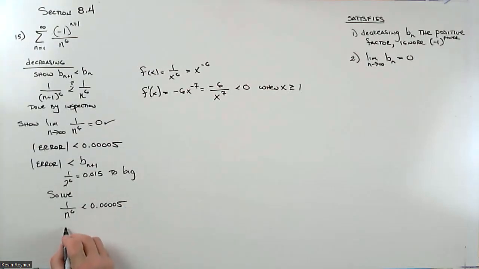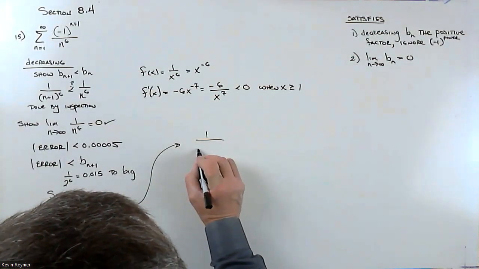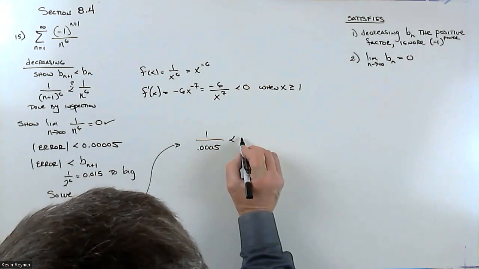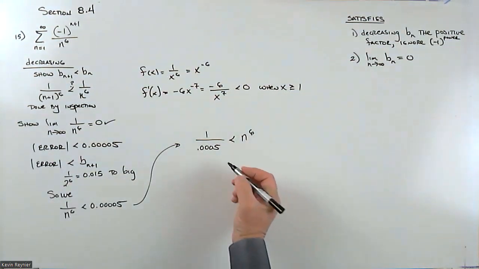Which means if we cross multiply, that both of these are positive. N's always positive, and the power's even, but either way. So if we cross multiply, we get 1 divided by 0.0005 has to be less than n to the 6th.